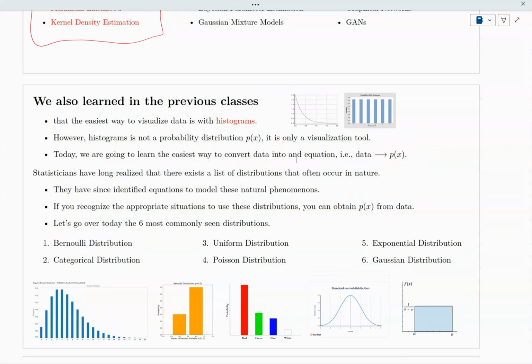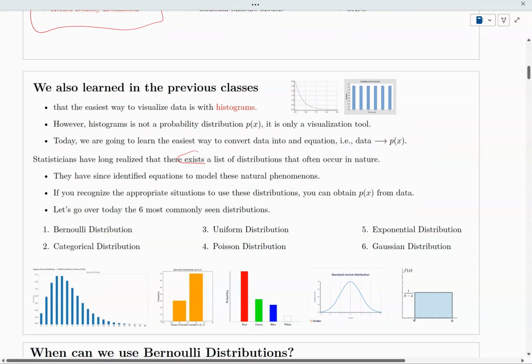Statisticians have long recognized that there exists a list of distributions that occur very often in nature, and they have identified these equations to model these natural phenomena. So if you recognize the appropriate situation for these distributions, you can essentially directly get P of X, because it has already been recognized that certain situations are suitable for certain distributions.